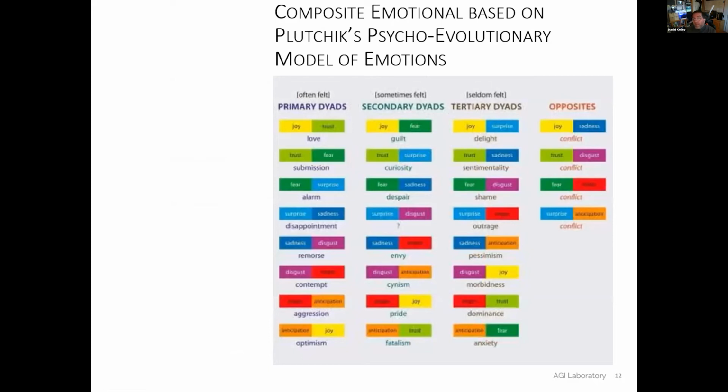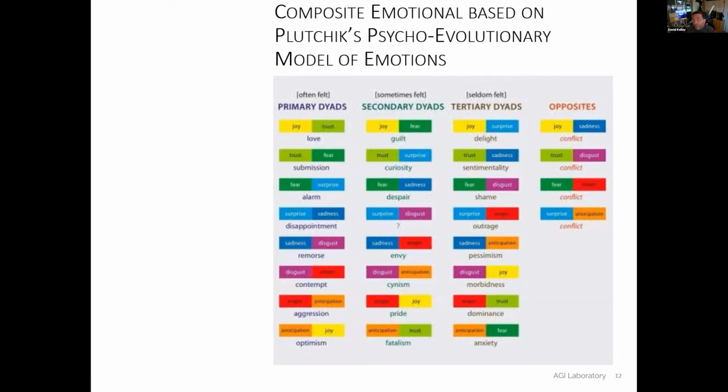Another thing I think is important to understand when you look at emotional models using Plutchik is the idea of these composite emotions that are represented by sets of primary emotions on the Plutchik model.